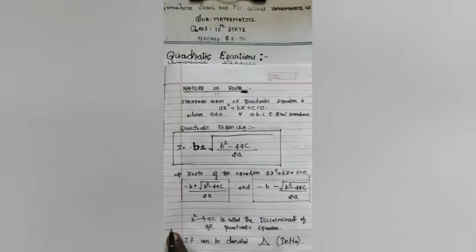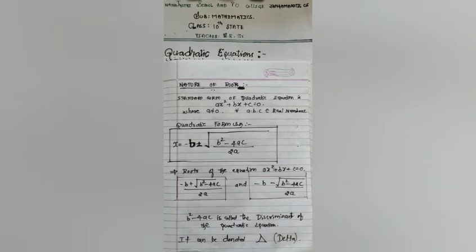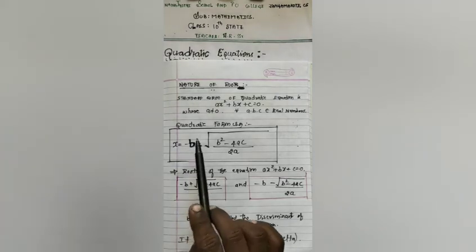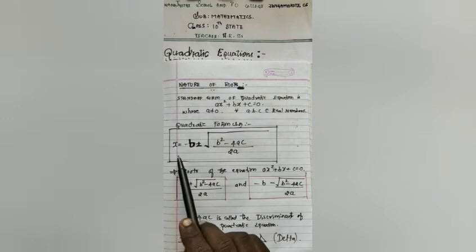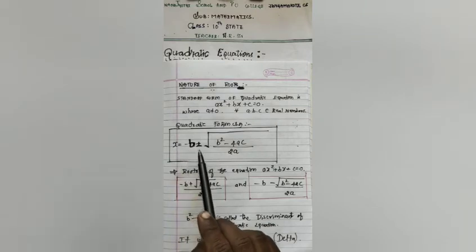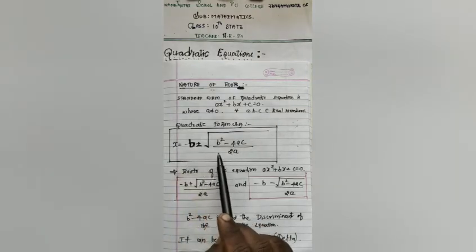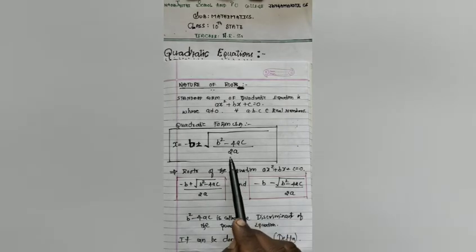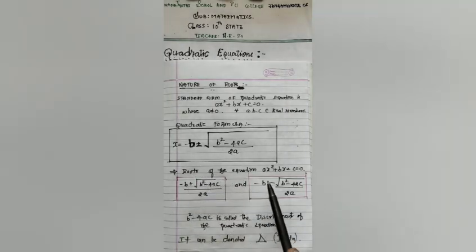See, the quadratic formula: x is equal to minus b plus or minus square root of b square minus 4ac, divided by 2a. This is known as the quadratic formula. These are the roots of the given quadratic equation ax square plus bx plus c equals 0.